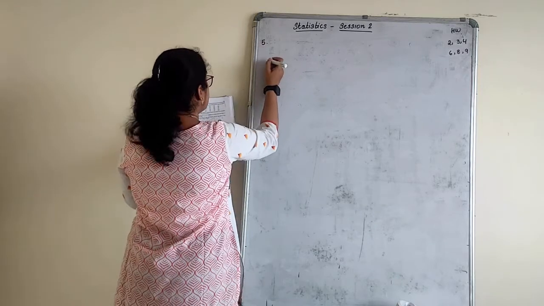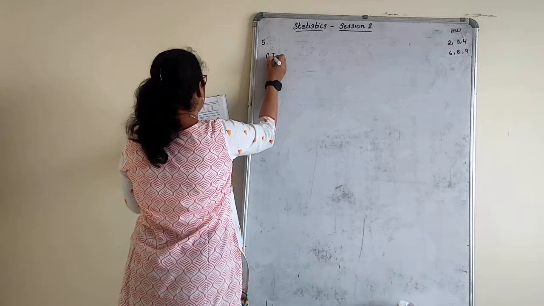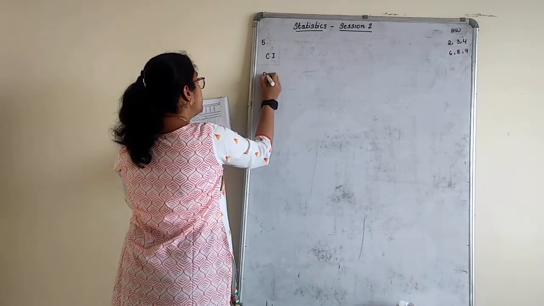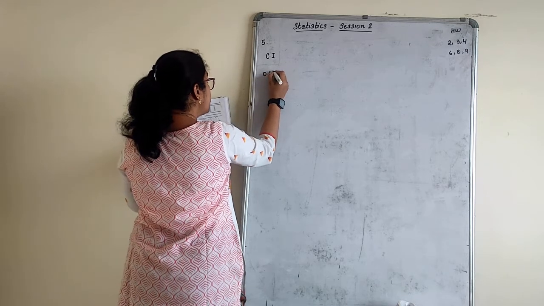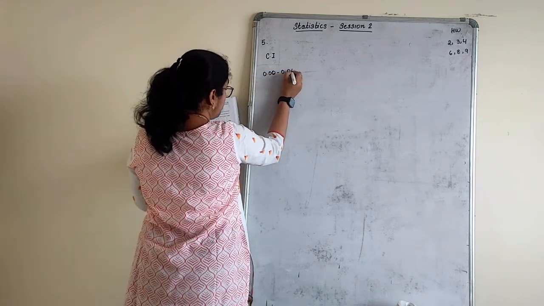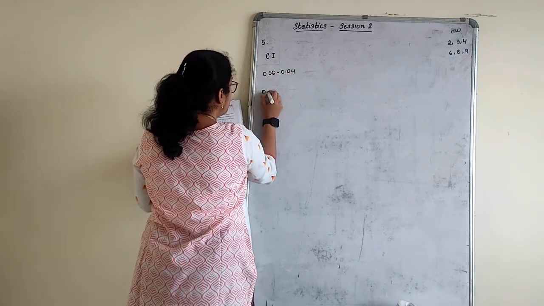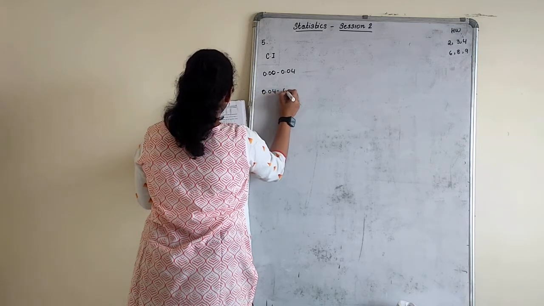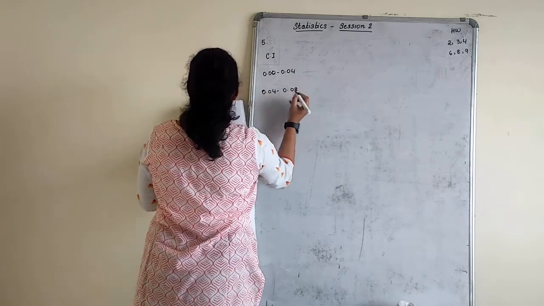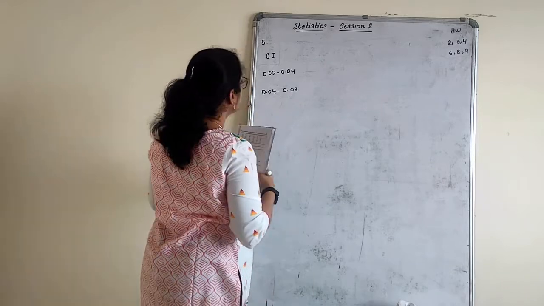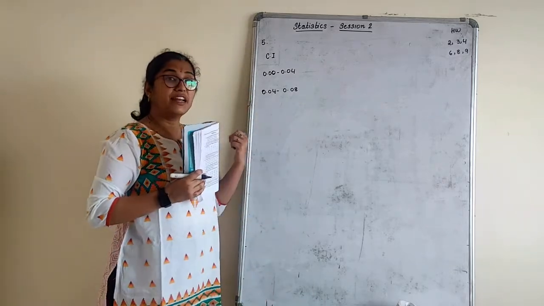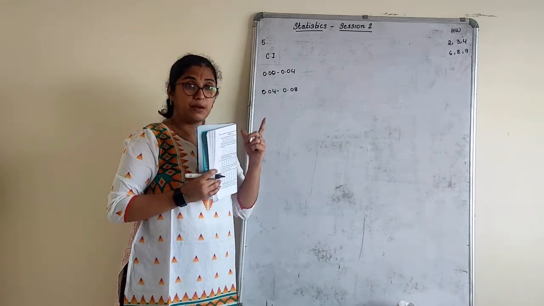So what is this class interval? What we have to frame, or they have already given, is 0.00 to 0.04 as the first group, 0.04 to 0.08 as the second group. See the difference here. Forget that 0 and the point are there.